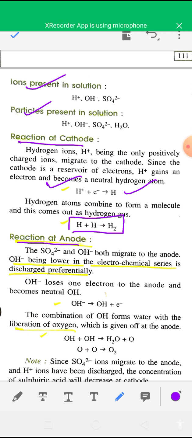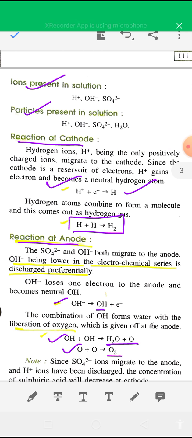And at anode, OH- ion migrates towards anode and loses one electron, and is converted into an OH radical, and two OH radicals combine together to form one water and one oxygen atom. Now two oxygen atoms combine together to form one oxygen molecule. So during electrolysis of acidified water, you will get hydrogen gas at cathode and oxygen gas at anode.